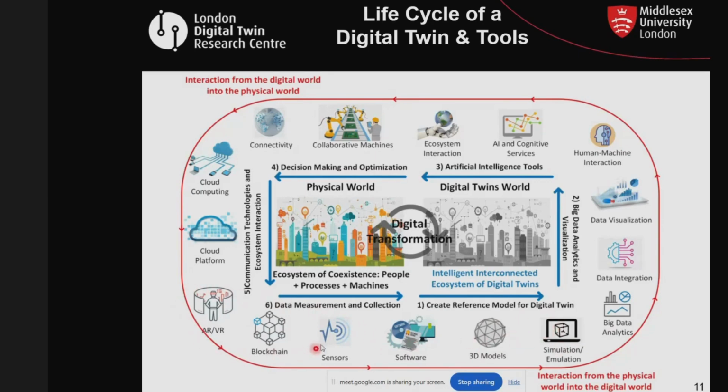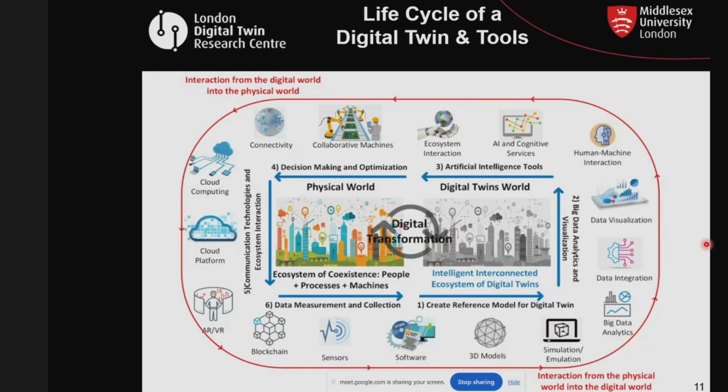I have collection of data using the sensors and feeding that information back to the digital twin world. So it is a continuous loop, interaction from the digital into the physical world and from the physical back to the digital world. It is a continuous cycle, and that is where we look at what we defined as the digital transformation of the two entities, the physical entity and the digital entity.